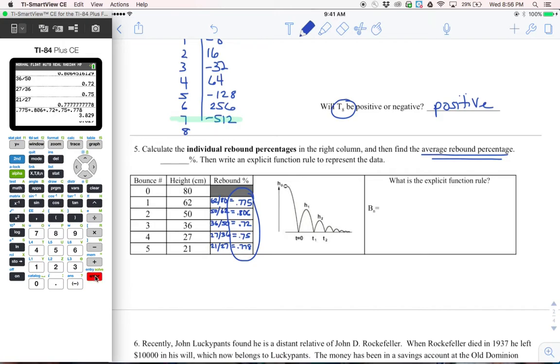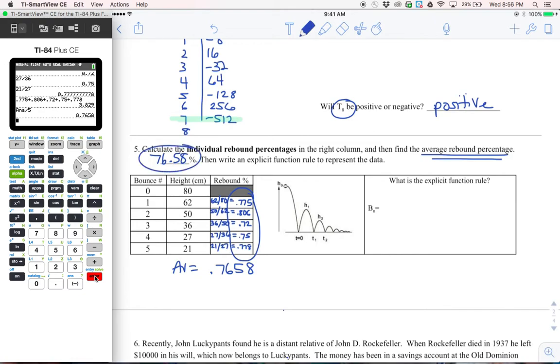All right, got our total, and then since there were 5 numbers, we're dividing by 5 for our average, and we get 0.7658. So the rebound percentage, if we're writing it as a percentage, needs to be 76.58%. All right, that's part of your answer here.